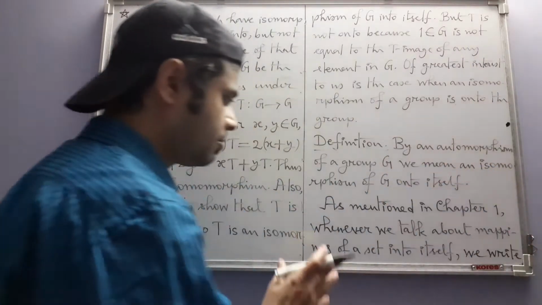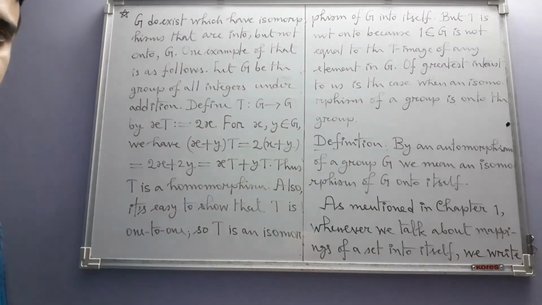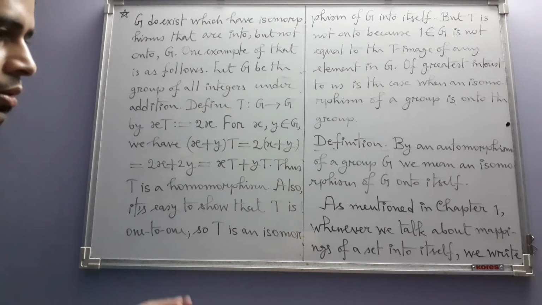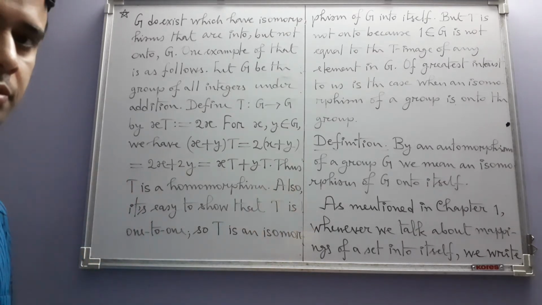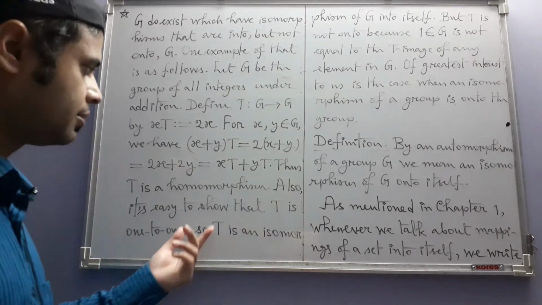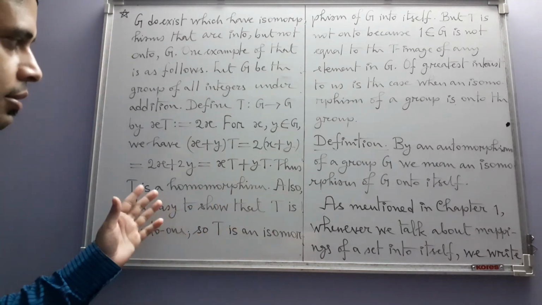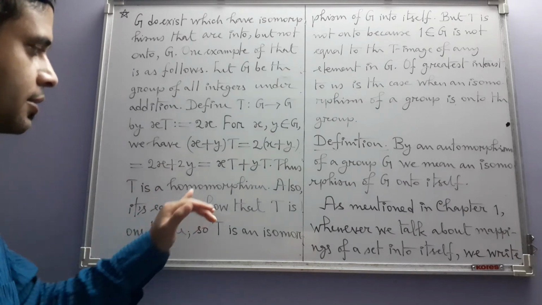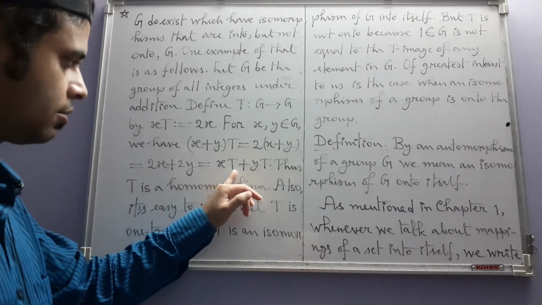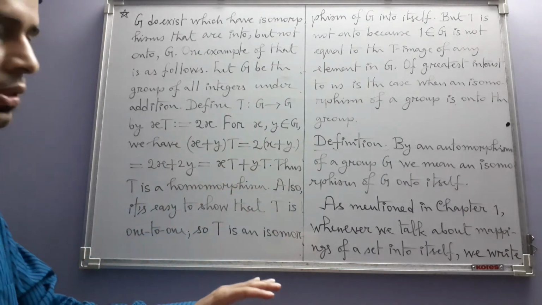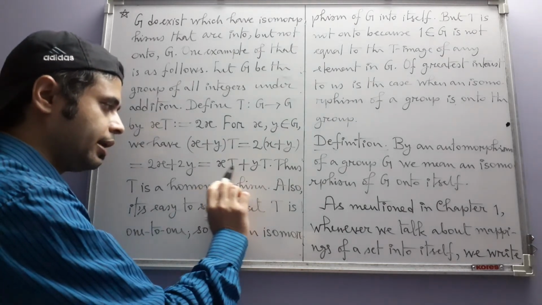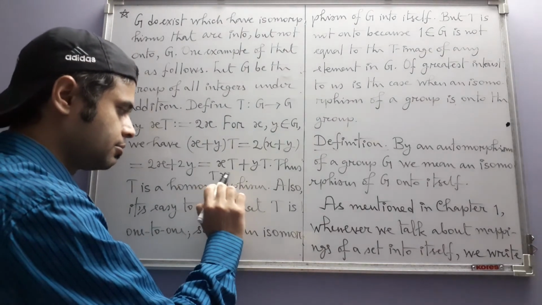I have tried to follow this rule irrespective of what type of mapping we are dealing with throughout this book. It really matters in some cases on which side you write the mapping, whether you are writing xT or T of x.